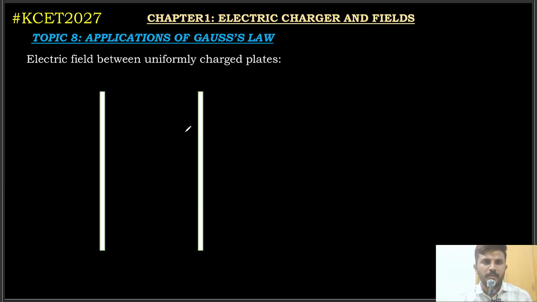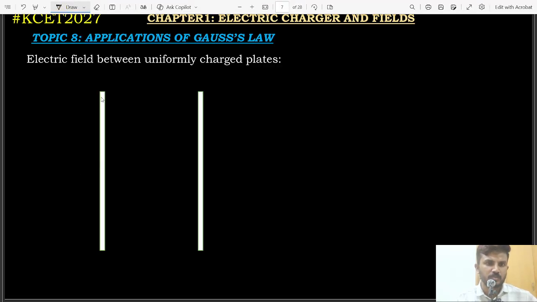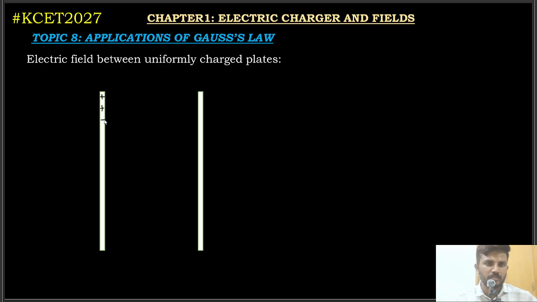Next, the electric field between uniformly charged plates. Let's consider this plate is uniformly charged. This plate has positive charge, which gets uniformly distributed here. And if you give negative charge to this one, here we have negative charge.